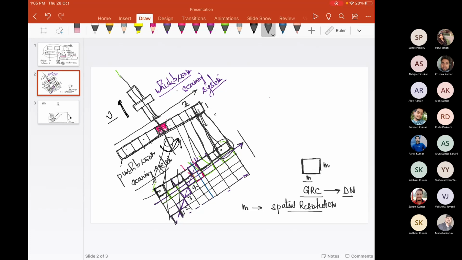Now what happens if it is sensed by one CCD? For simplicity, I do not consider the mechanical and optics part here.